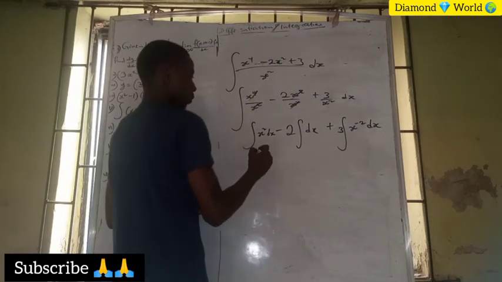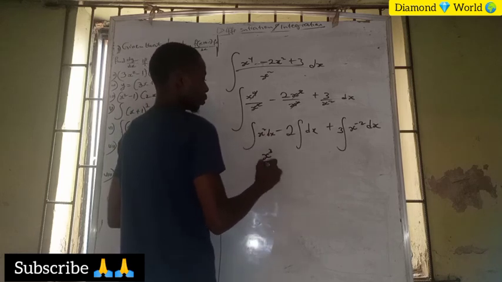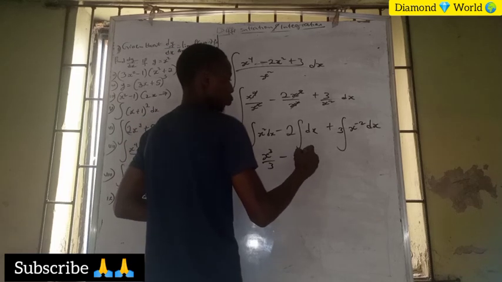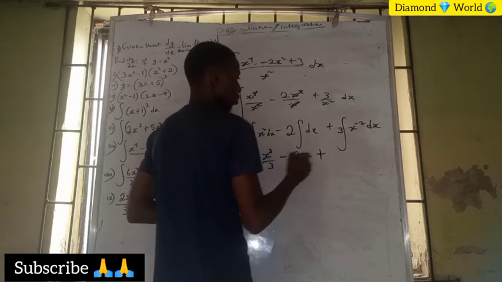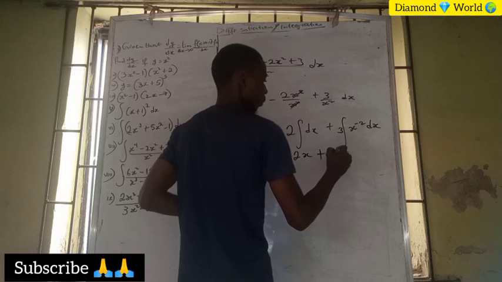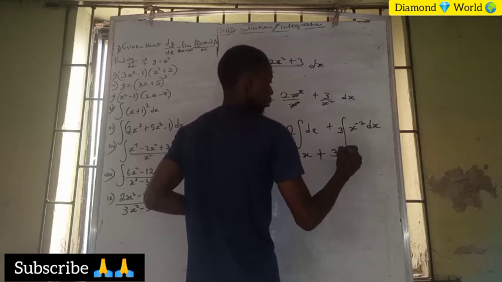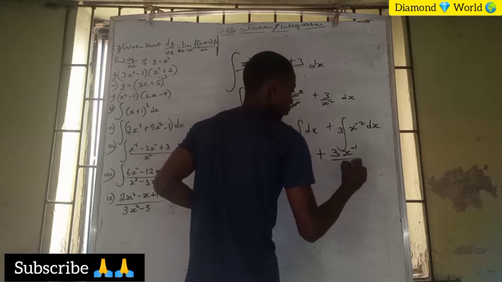Now from here, if I integrate this, I'll be having x to the power 3 over 3, minus 2x, plus 3x to the power minus 1 over minus 1.